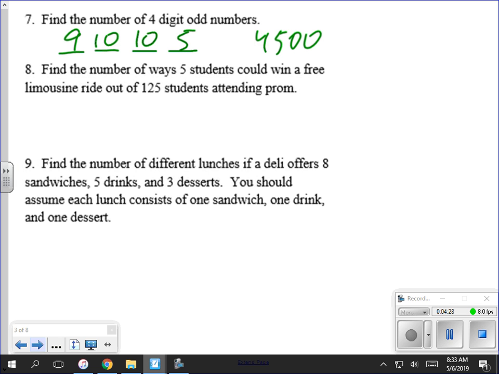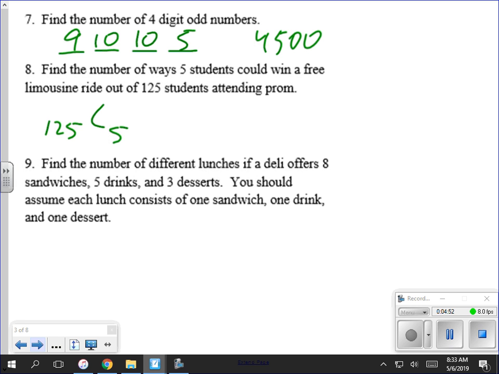Number 8, find the number of ways 5 students could win a free limousine ride out of 125 students. Does the order matter? No, 5 people win. It doesn't matter whether you're first or fifth, you still get the same prize. So this would be a combination: 125 choosing 5 of them.